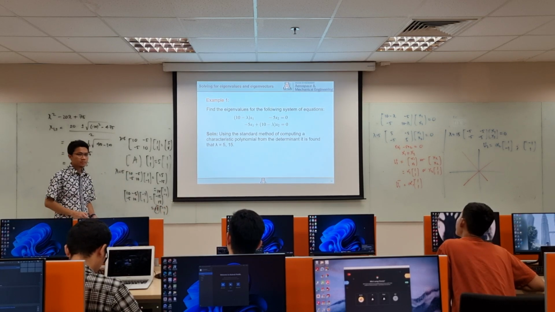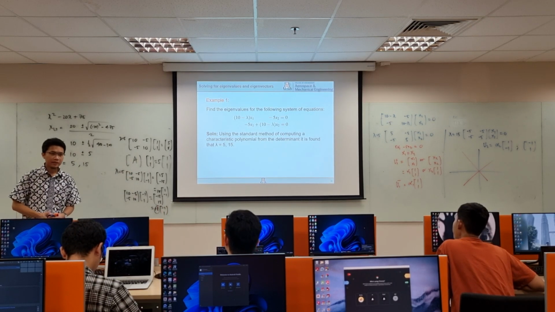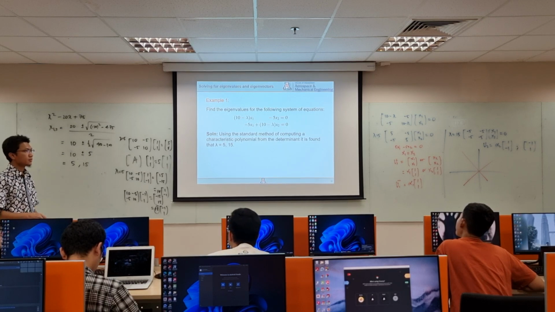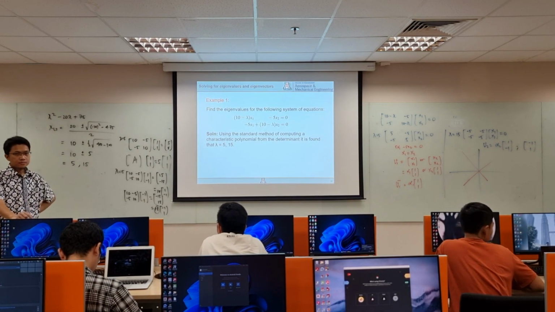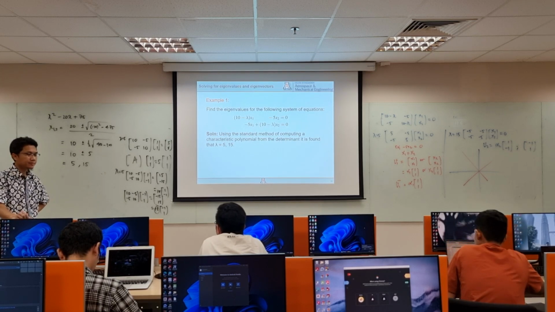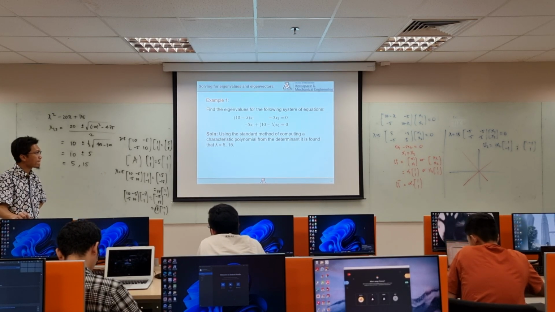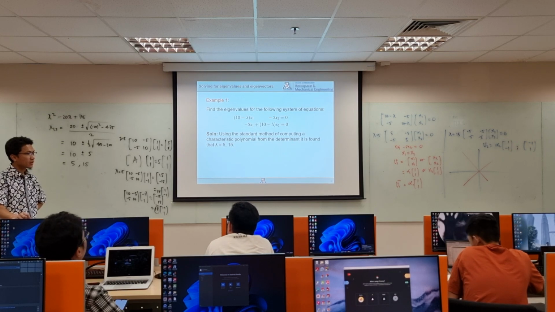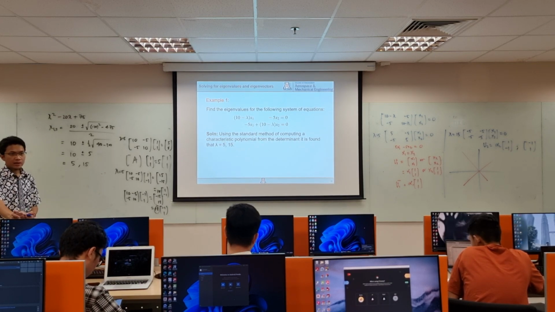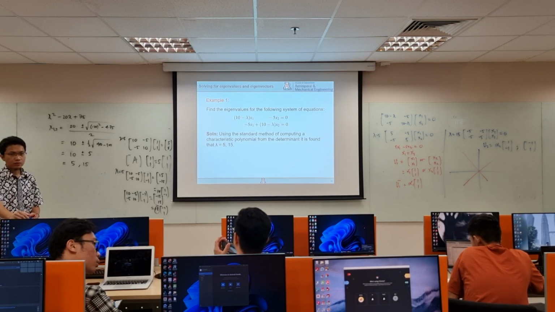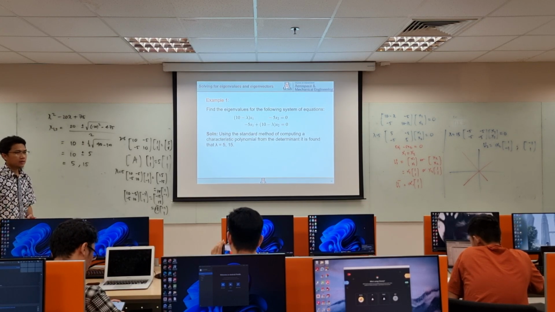Same eigenvalue. Okay? Any questions so far? Okay, following this method, you can compute eigenvalue and eigenvector for any kind of matrix.